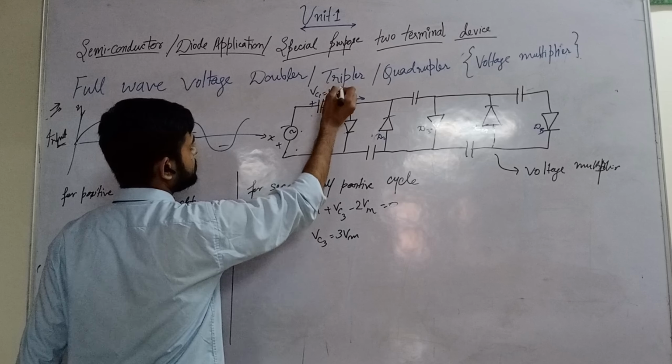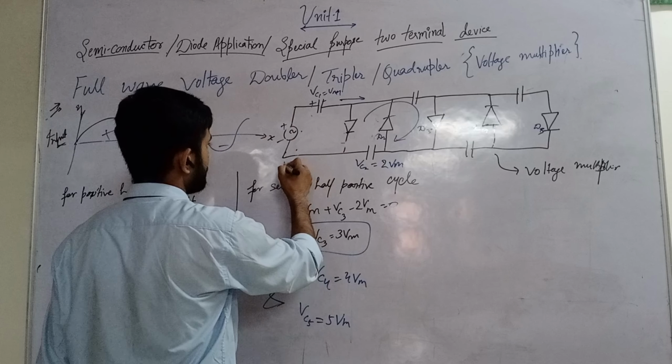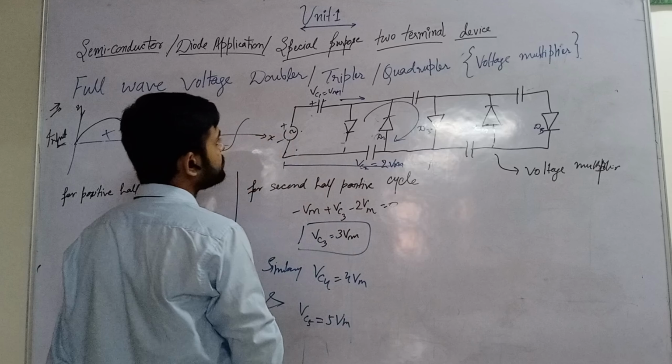Now, if they are working as a doubler, from this circuit, it is a doubler, 2Vm.